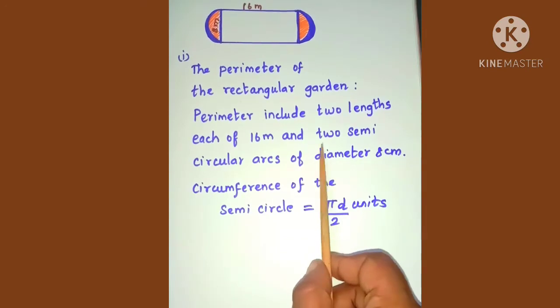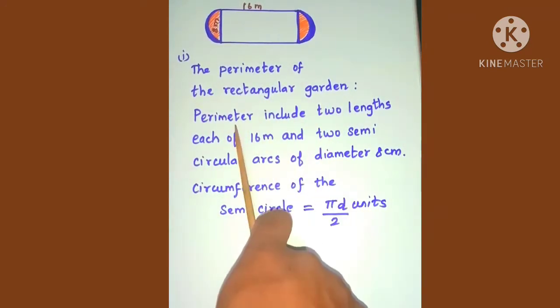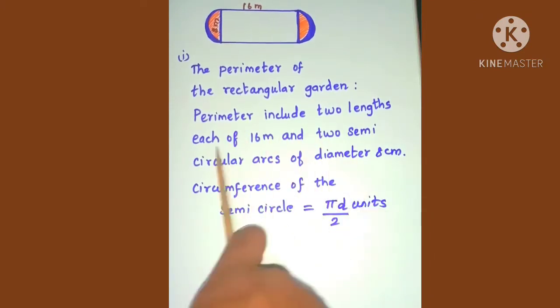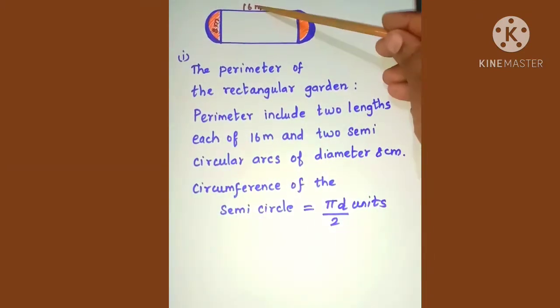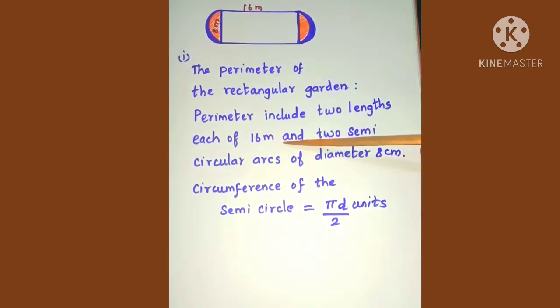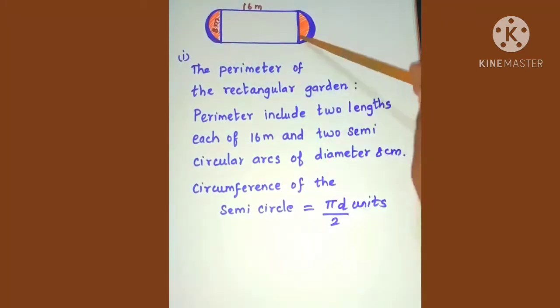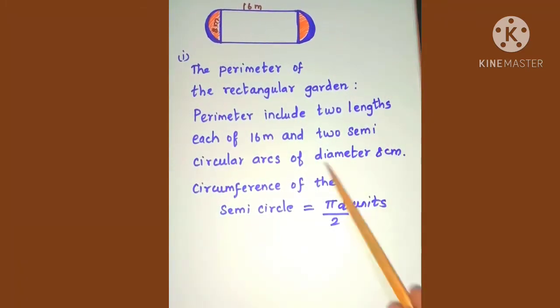So students, here write down the perimeter of rectangular garden. So that is, perimeter include two lengths, that is 16 plus 16. So the length of the rectangle of each of 16 meter and two semicircle arcs. So that is circumference of these two semicircles and of diameter 8.